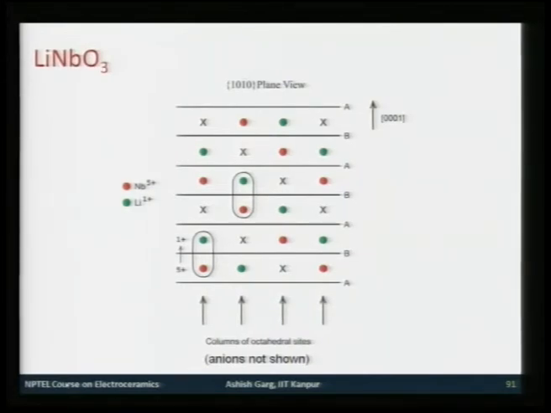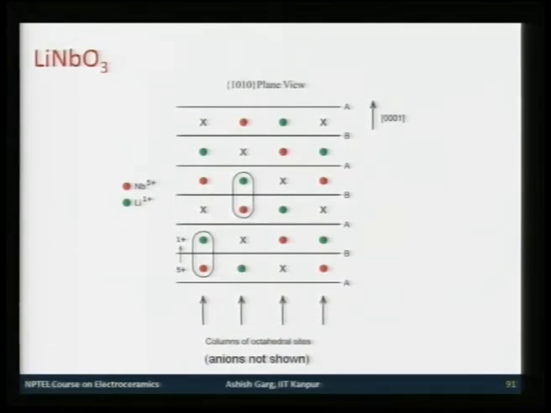So, here you have again AB layers, these are the oxygen layers. In between them you have lithium, niobium, cross, which is the vacant site, then again lithium, niobium, vacant site. Then in the next layer, since the vacant position moves in this direction in all the structures, you will have again niobium, vacant, lithium, niobium, then again vacant.